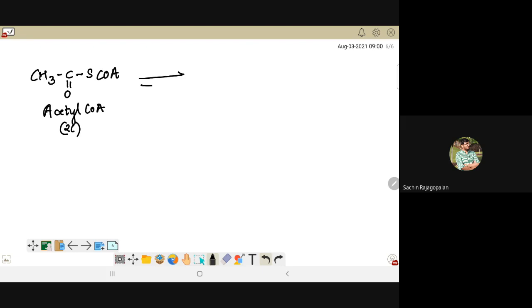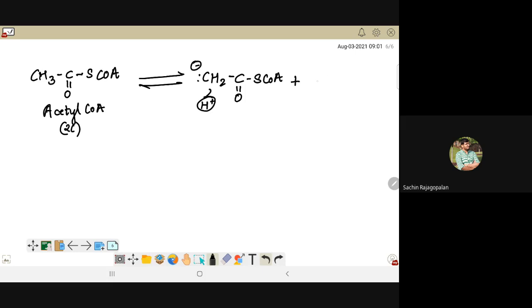Now, please understand that this acetyl CoA can, in a way, reform itself to form a carbanion like structure wherein it loses a proton. You can see it becomes CH2C double bond OS CoA. Okay.